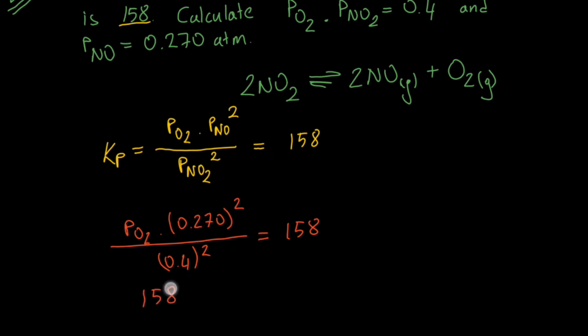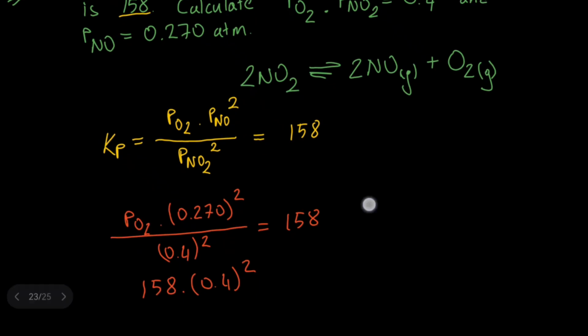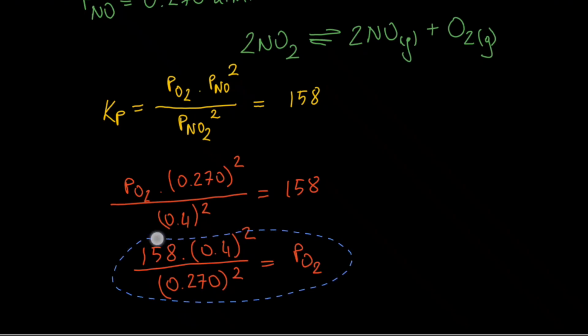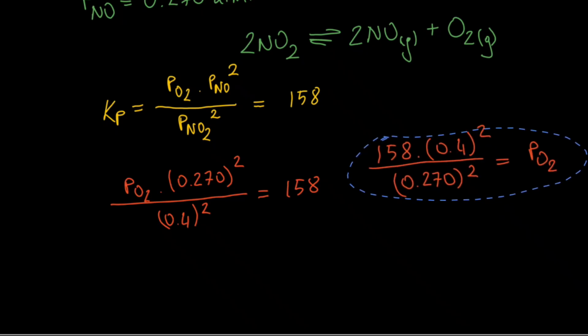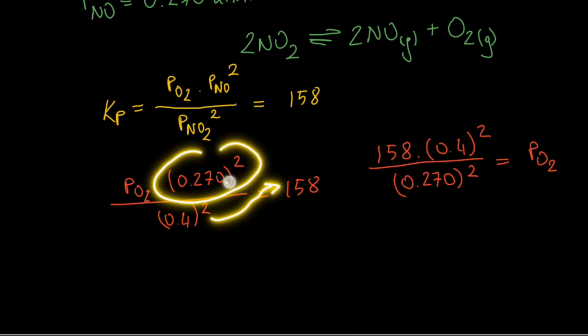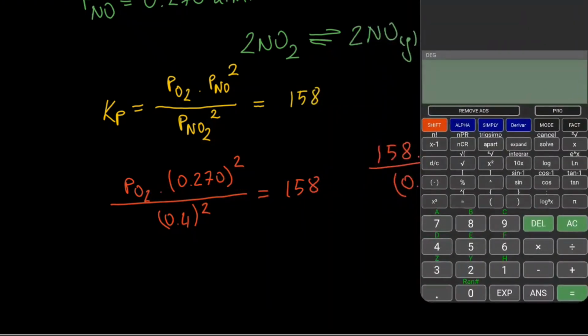So 158 times 0.4 squared over 0.270 squared should be equal to the PO2 pressure. What I did, I put this number here, and it goes to the denominator side, and I can find the PO2. So let's calculate the number.